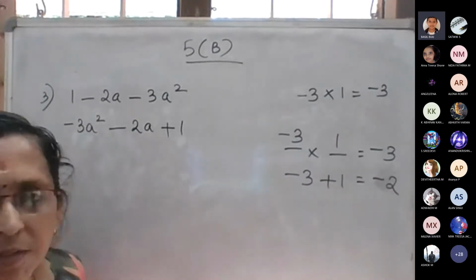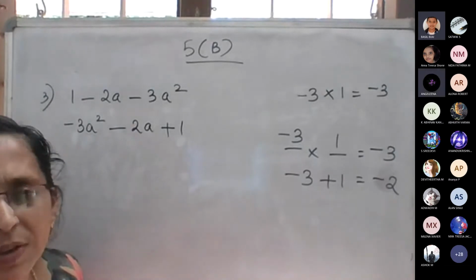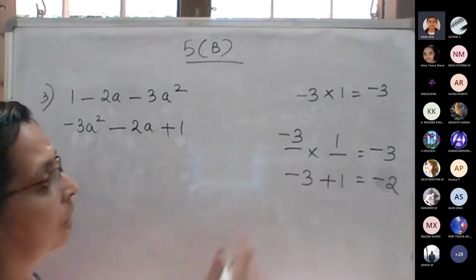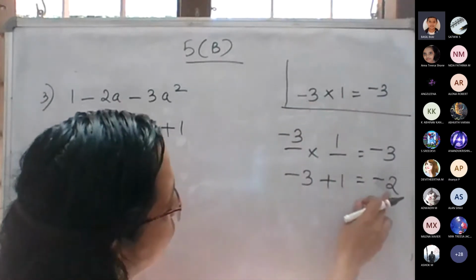Negative 3 plus 1. Anyone have any doubt in this? No need to worry about the sign. If needed, tell me. From the next question onwards. Negative 3 plus 1 is negative 2.